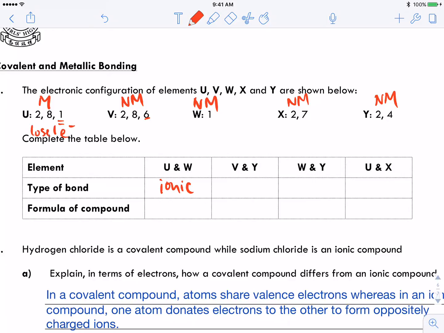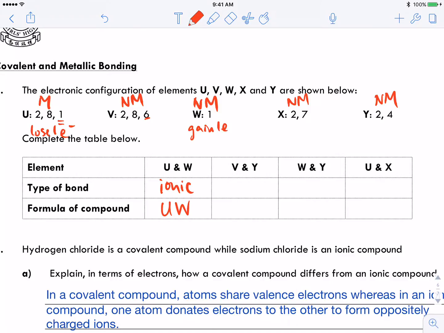Remember I said before that hydrogen can either gain 1 or lose 1 electron. Since U, the metal, needs to lose 1 electron, what do you think W will do? Does it lose its 1 electron also? No, right? So the answer should be UW, where W gained 1 electron.